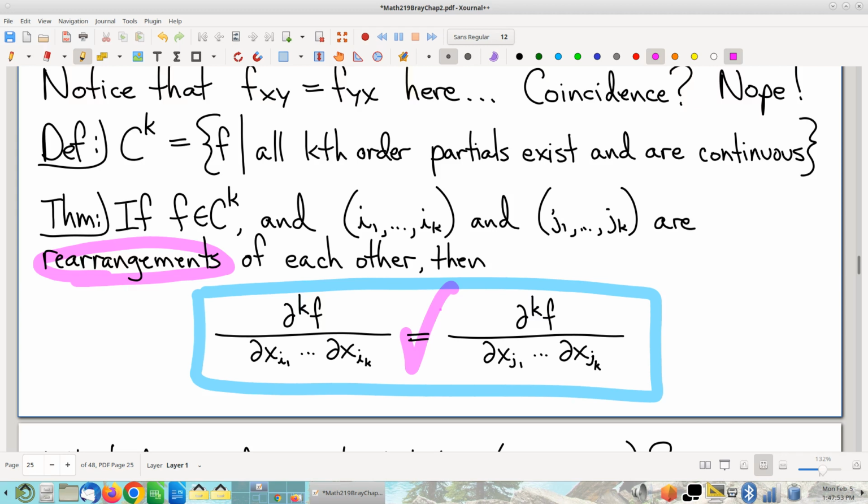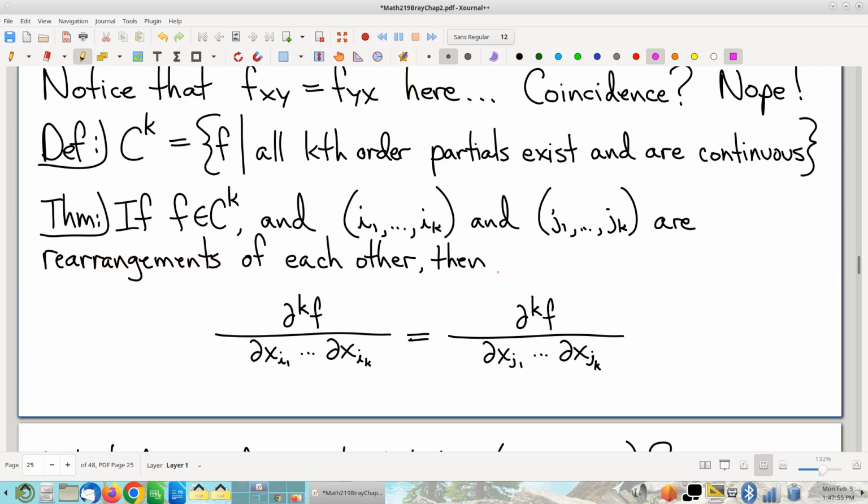Okay, so when do we get this happy conclusion? Well, you get it if the function in question is what we call C^k. And you may have actually seen a notation similar to this before. You may have seen in Calc 1 classes they talk about C1 functions and C2 functions. This is just a generalization of that idea.